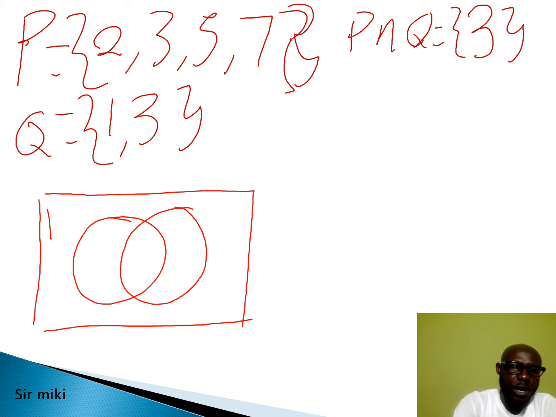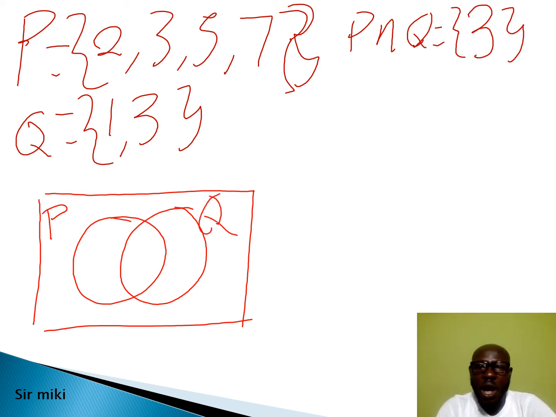So we have set P, then we have set Q. Now we are saying that elements found in both sets become the intersection of sets. So as you can see on the screen, 3 becomes the element found in both sets.